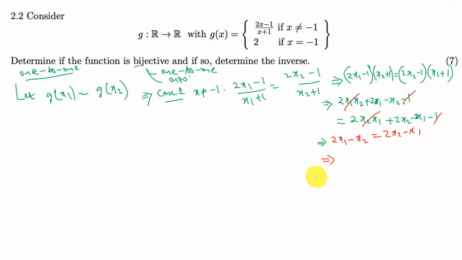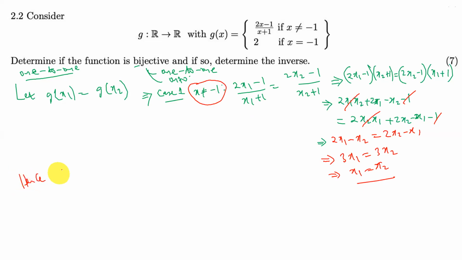Okay, so what is this? So we can group the things. So it is 3x1 is equal to 3x2. And dividing both sides by 3 means x1 is equal to x2. Okay. So which means that for the case 1, when x is not equal to minus 1, it displays the one-to-one property.